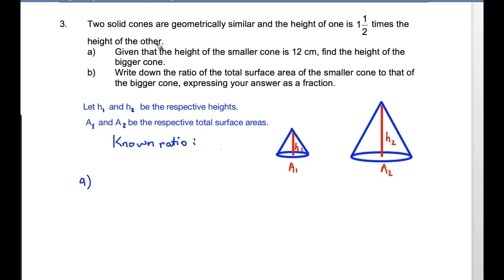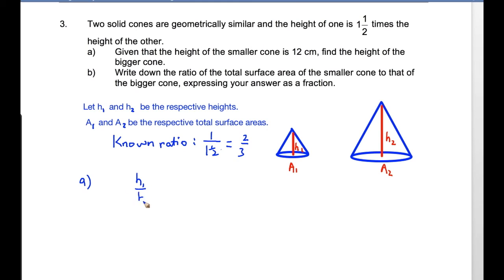In this question, we are given two similar cones, and one has a height 1.5 times the other. Therefore, the known ratio is 1 is to 1.5, which gives us 2/3. We have to find the height of the bigger cone, so the corresponding height in the smaller cone is h1.